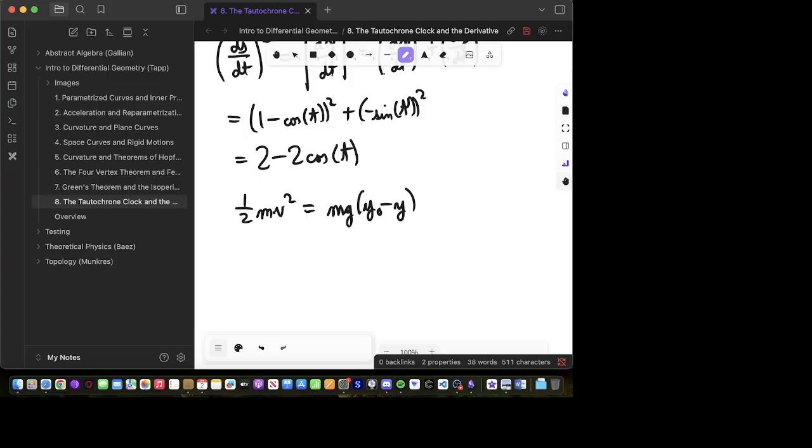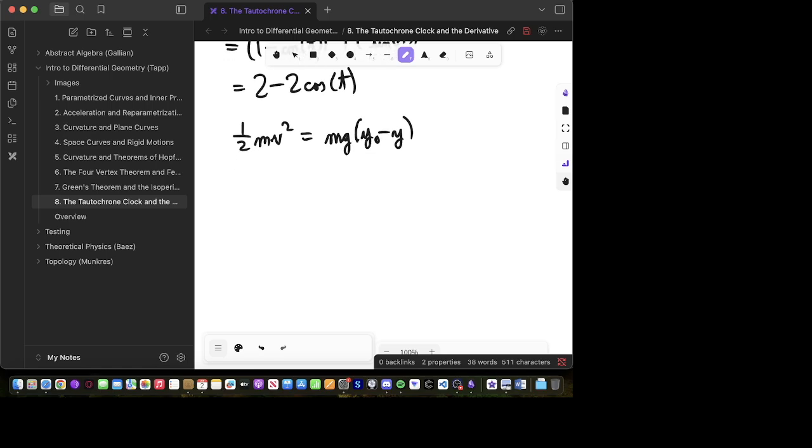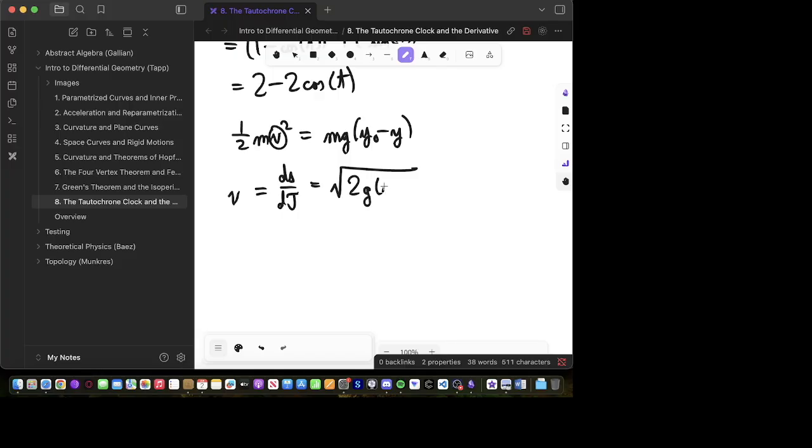So we have that v right there is going to be ds over d time, which is, if you do a little bit of algebraic manipulation up there, you get the square root of 2g times y naught minus y.